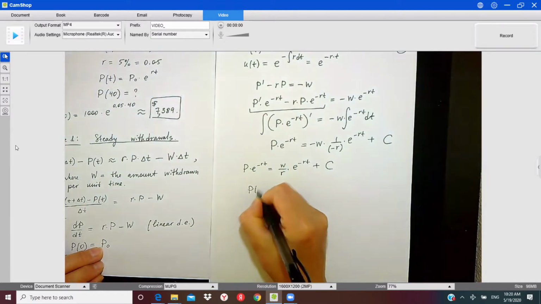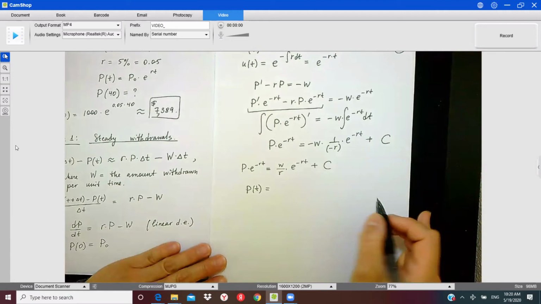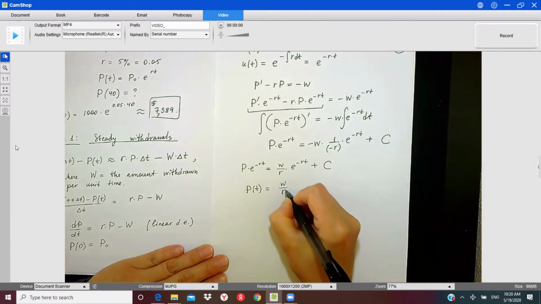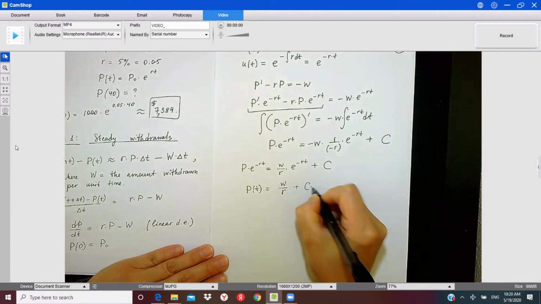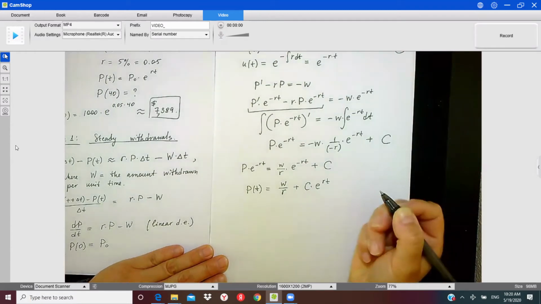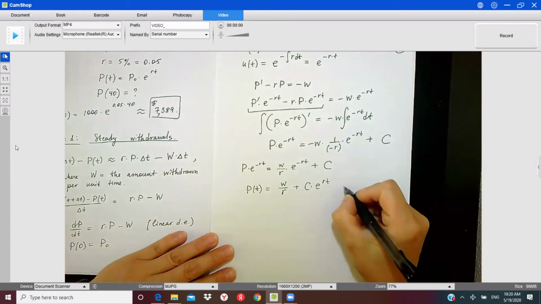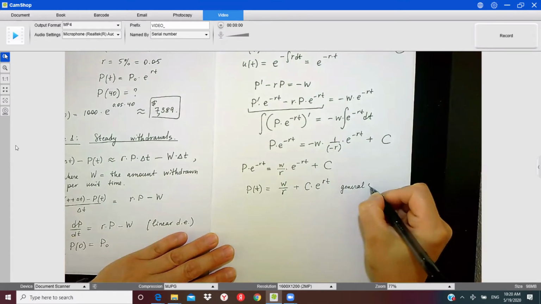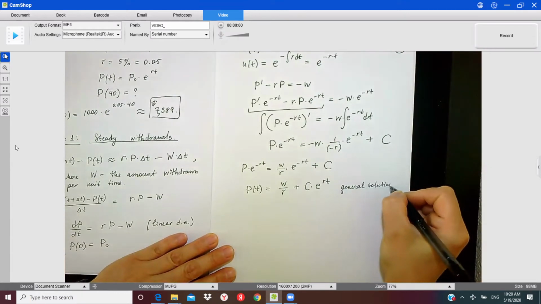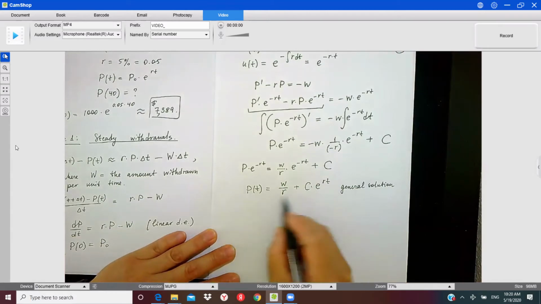So we're getting our function p of t equals w over r plus c e to the rt. So this is the solution that I'm getting. This is the general solution, because it contains the constant of integration.